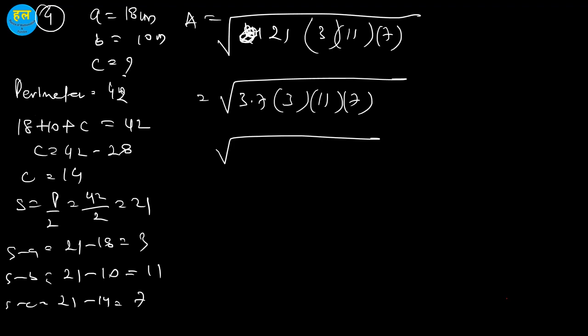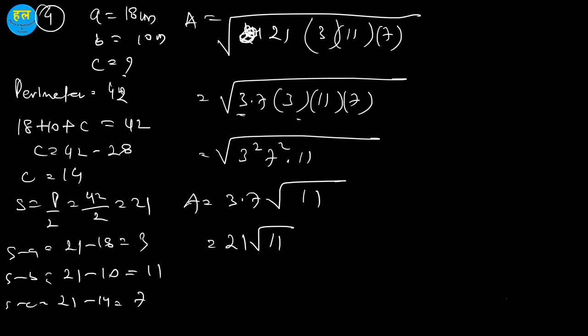So what we have here is 3 to the power 2, 7 to the power 2 into 11. So area is equal to 3 into 7 root 11, 21 root 11 centimeter square.